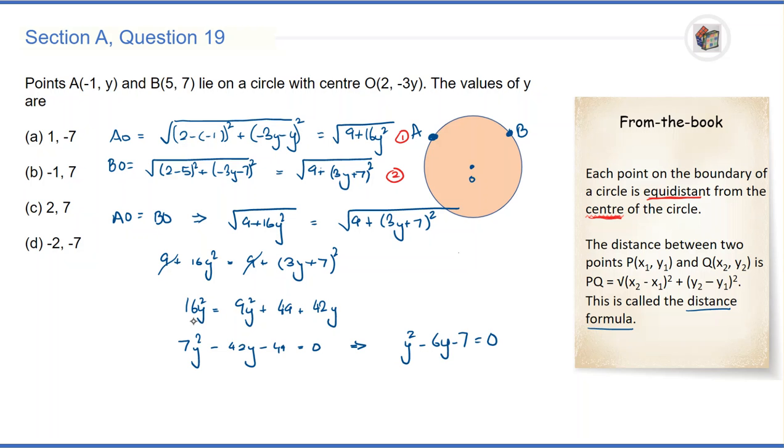Further simplification opens this up like this, and then you take all of it on the same side, on the left hand side, and then you see that 7 comes out common, which gives you the simplest quadratic equation here, which when you solve, you're going to factor this. This is going to give you y as minus 1 and 7, and you see that on your choices here, minus 1 and 7 is right here, choice B.